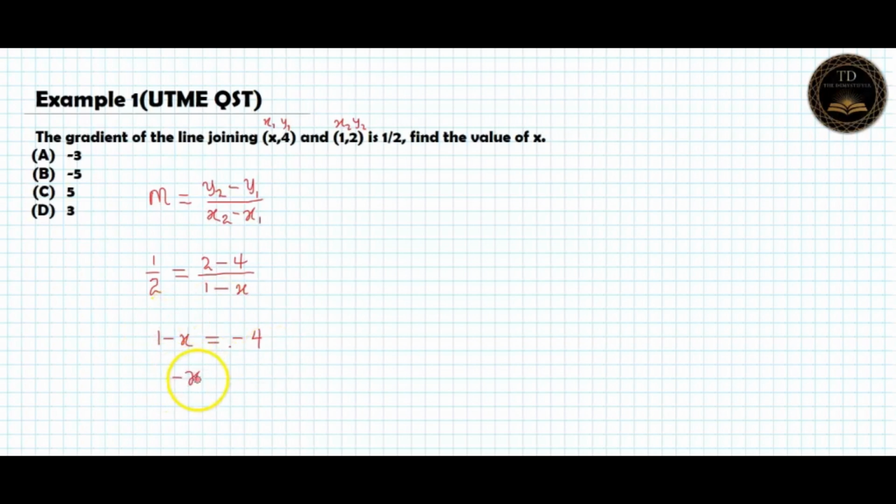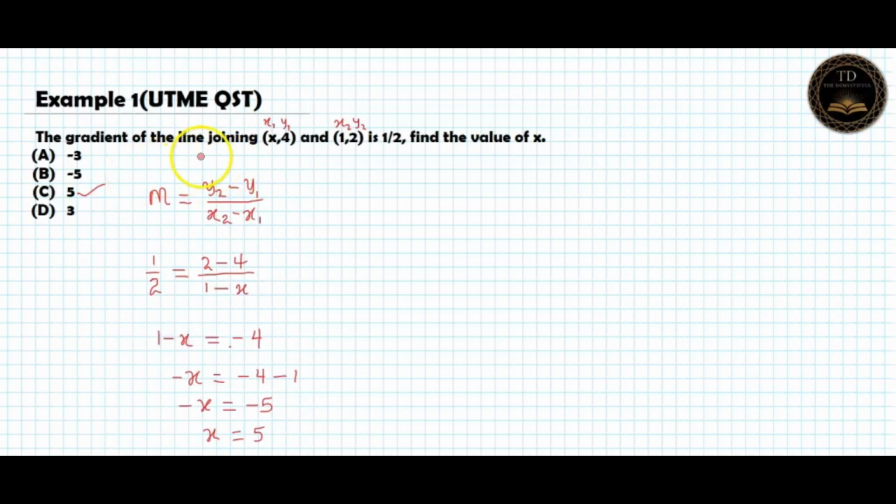I have minus x will be equal to minus 4 minus 1. That's when 1 goes over. So we have minus x will be equal to minus 5, and therefore x will be equal to 5. Divide both sides by minus 1, the minus cancels, and you have that. So the correct option will be option C.